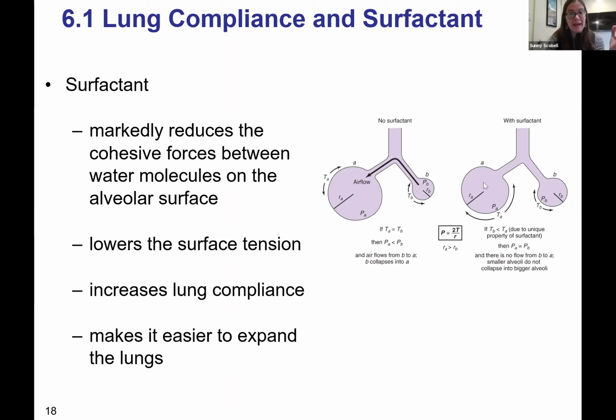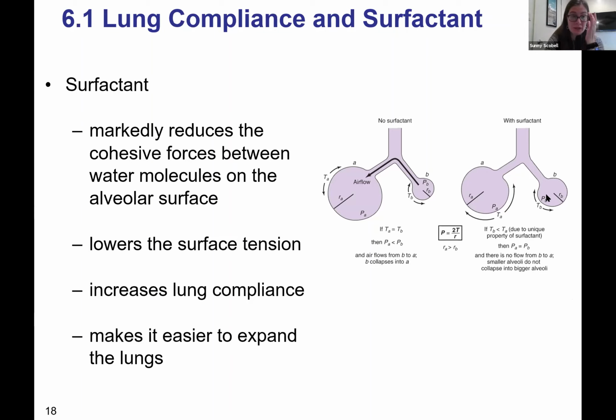And you don't have this difference in them pressurizing the air, because the surfactant molecules are helping to hold that alveoli open. Because as the alveolus tries to close, it pushes their surfactant molecules closer together, and they in return put more pressure on the alveolus to keep it open, and you have more equal distribution of air across all of the alveoli. Okay, so no flow from A to B or from B to A, and you don't collapse, and you keep them open.